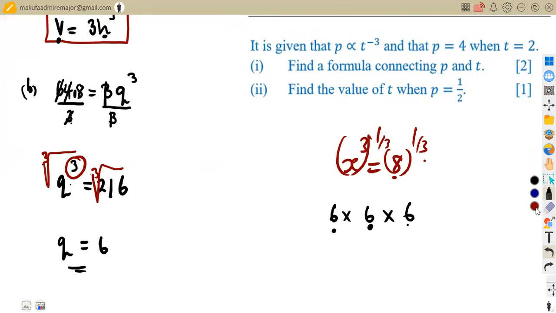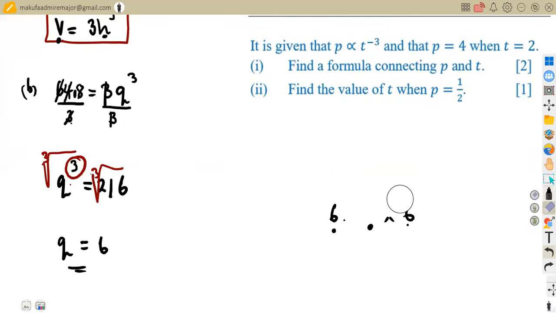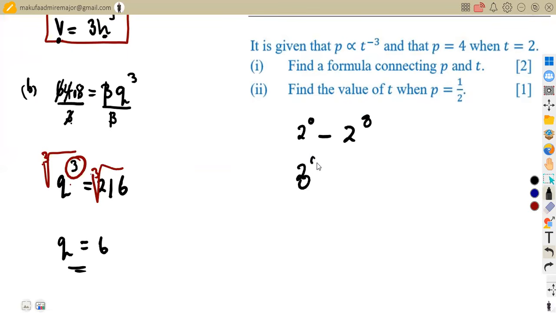Know your numbers. I said know your numbers before. For exponents, 2 to the exponent of 0 up to 2 to the exponent of 8, you must know it by heart. 3 to the exponent of 0 up to 3 to the exponent of 5, you must know these ones by heart. 4 to the exponent of 0 up to 4 to the exponent of 3.